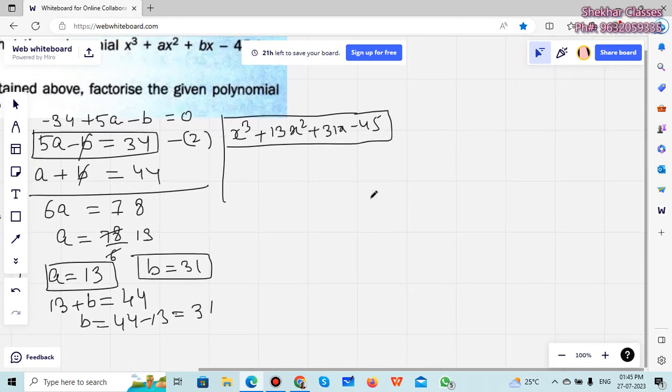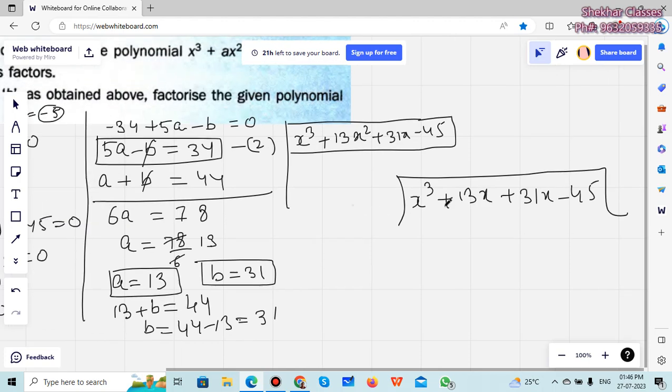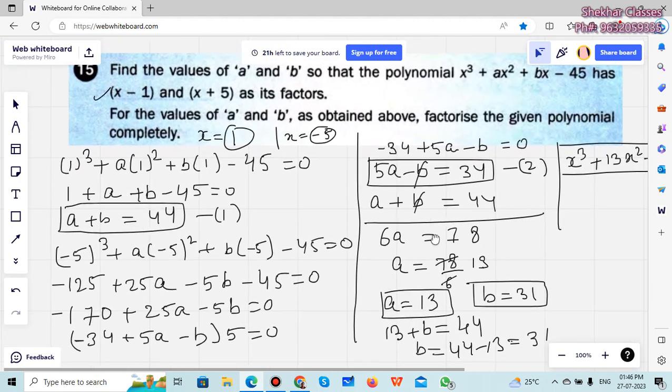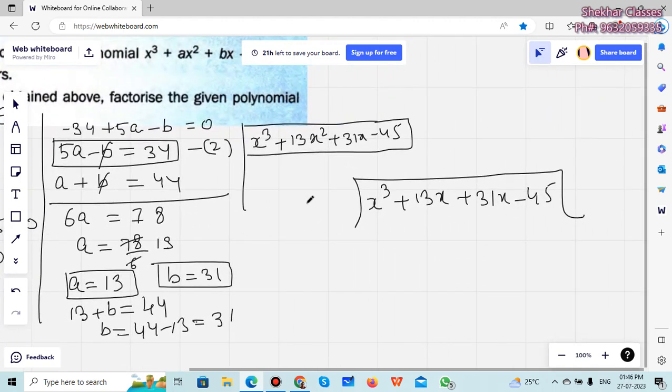So write it here: x cube plus 13x square plus 31x minus 45. And I'm dividing it by what? The first factor is x minus 1. So it will be x square. It becomes x cube, right?